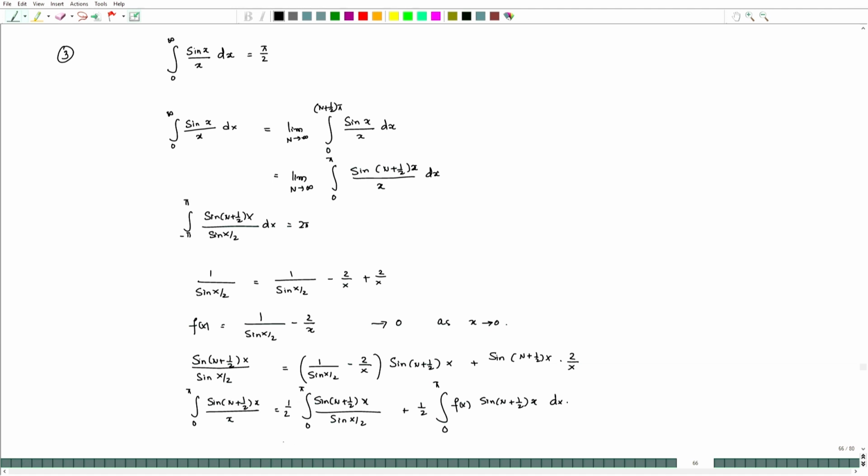So, from 0 to pi, this is equal to pi by 2, because the entire integral from minus pi to pi is 2 pi. Now f is a Riemann integrable function, it is bounded at 0, because that is where we are killing the cancellation. Therefore, this goes to 0 as n goes to infinity by the Riemann-Lebesgue lemma.